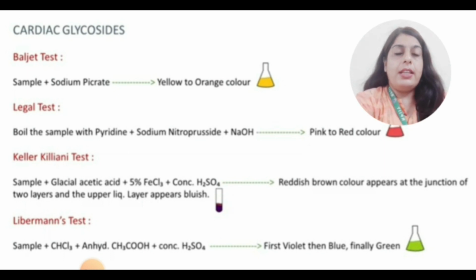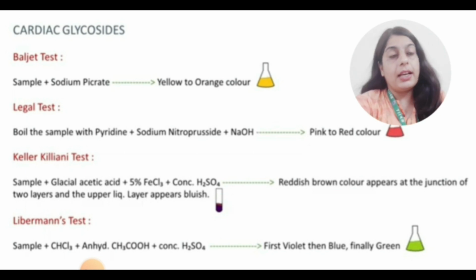Cardiac glycosides can be detected by the Baljet test, Legal test and Keller-Kiliani test. In the Baljet test, the sample of the drug is taken and mixed with sodium picrate. Afterwards, a yellow to orange color is produced.